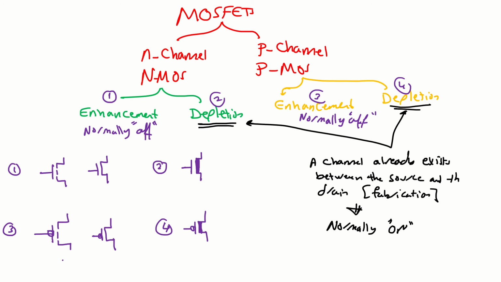Now let us start with number 1, the enhancement N-MOSFET. In the enhancement N-MOSFET, we have to have an N-type channel between the source and the drain.